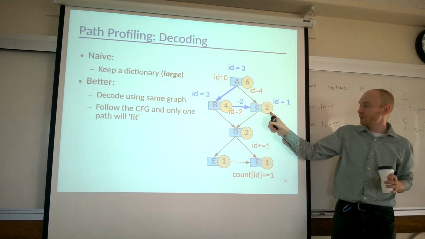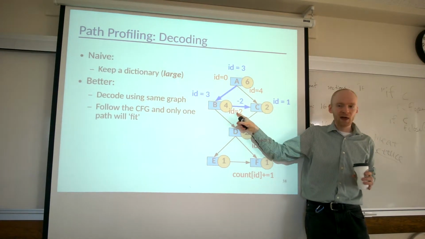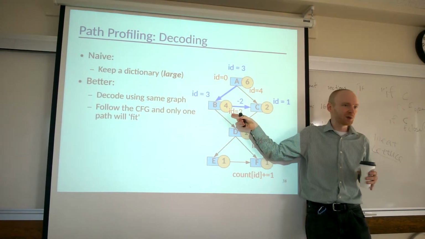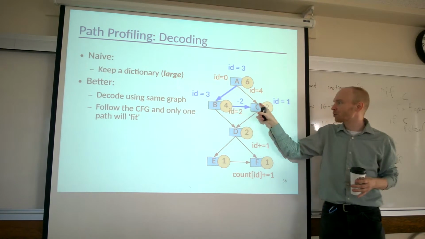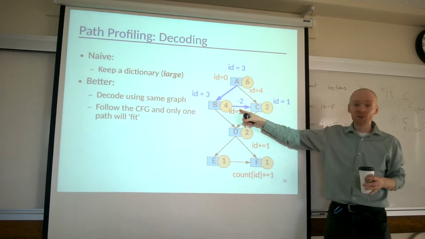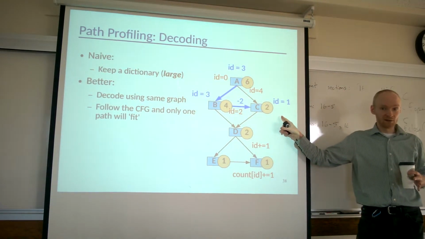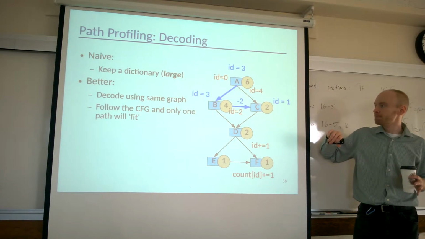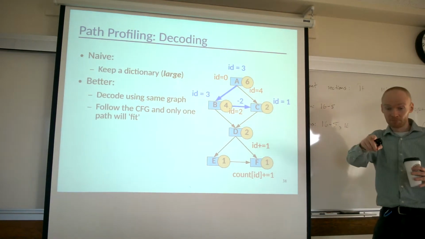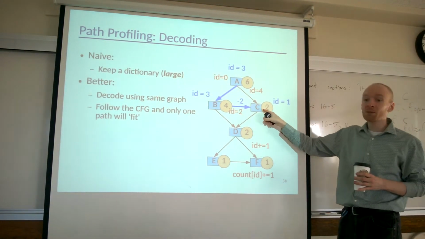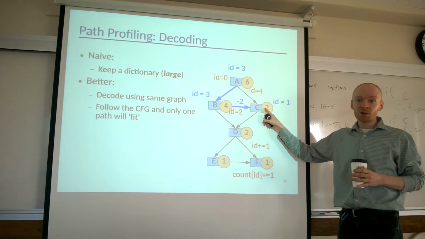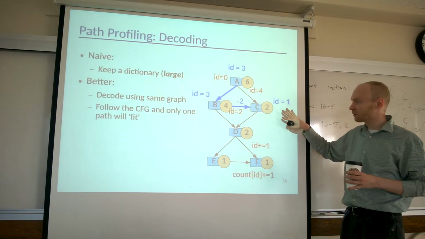When you go along this path, remember this path adds 2 essentially, or sets 2 to the value. So you have to subtract 2 when you go along this path during decoding. So ID should always be less than the number in the yellow circle at this step? Yes, absolutely. Because this is the number of paths from this node. And so the encoding space from that node should fit.